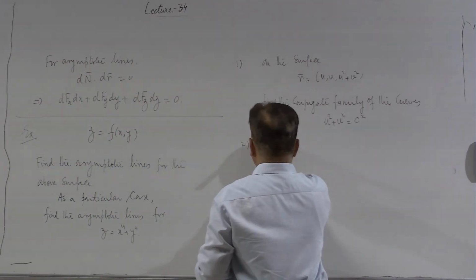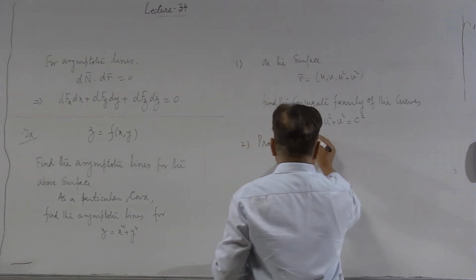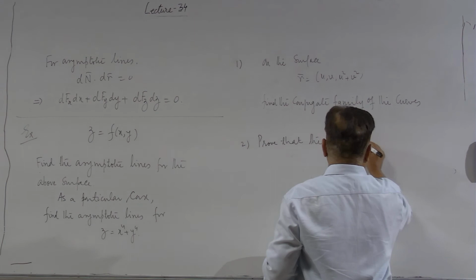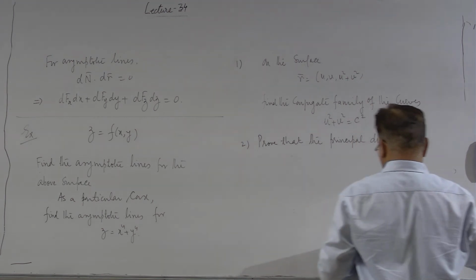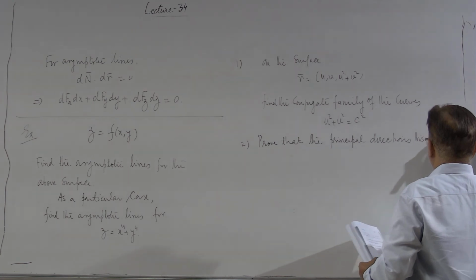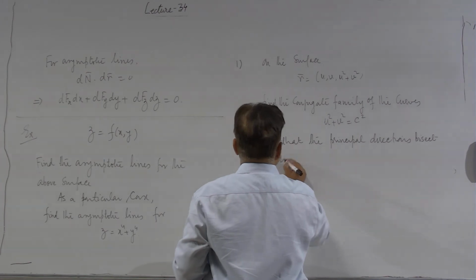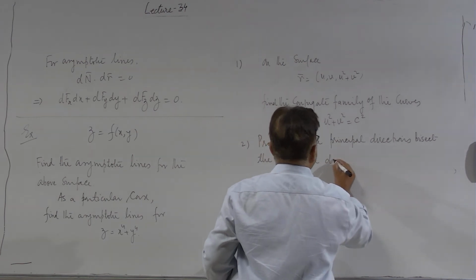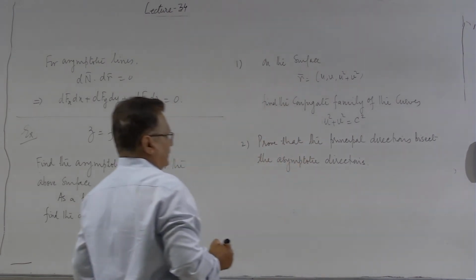Prove that the principal directions bisect the asymptotic directions. This is interesting in fact.